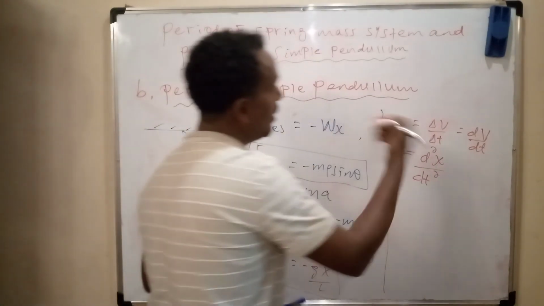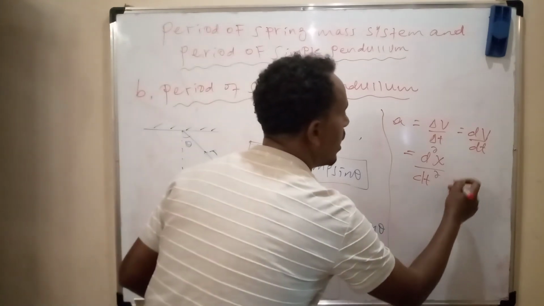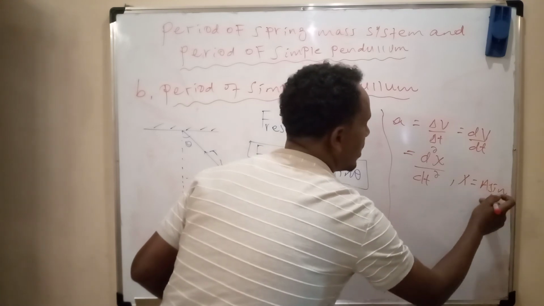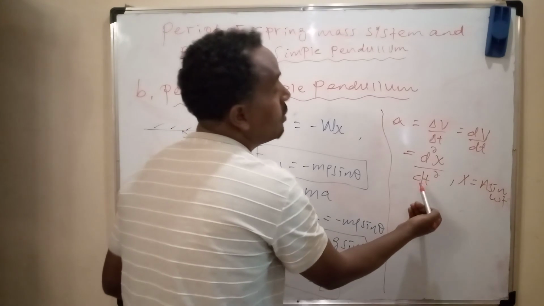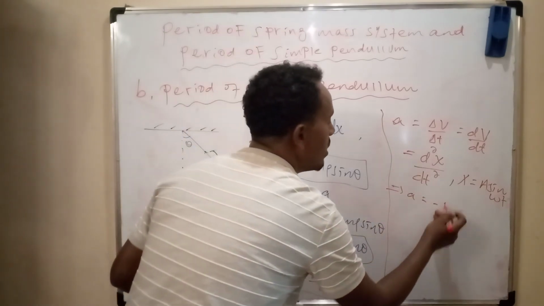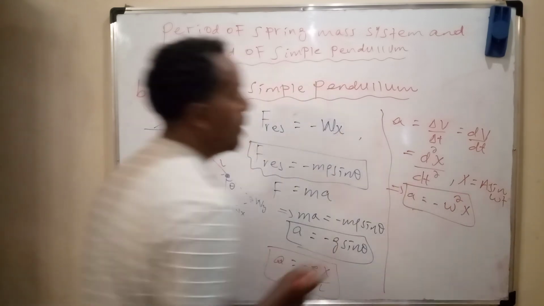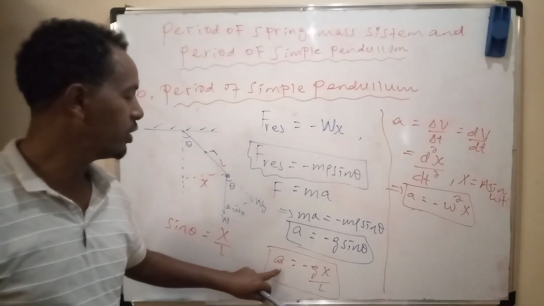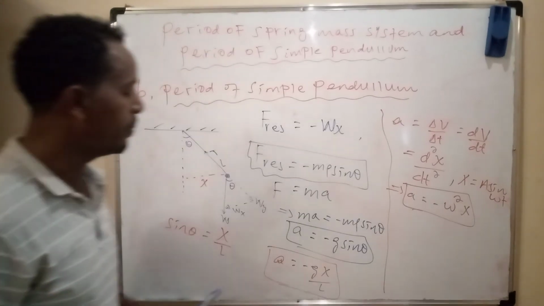So if x is differentiated 2 times, where x is equal to A sine omega t, acceleration is equal to minus omega squared times x. So substitute this instead of acceleration, because acceleration is equal to this expression and also equal to this expression.